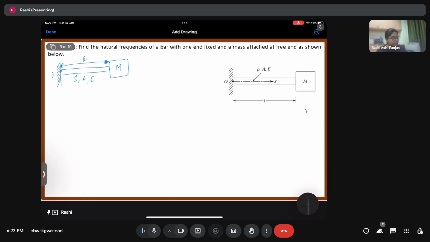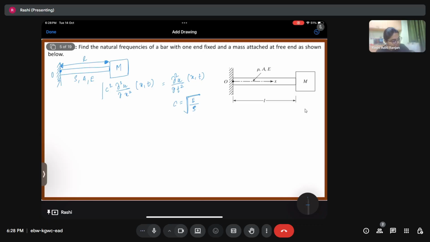If you remember, its equation is given as c square, second differential of u with respect to x equal to second differential of u with respect to time, where c was what? Under root of E by rho.